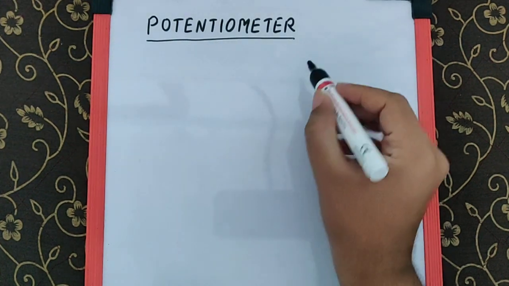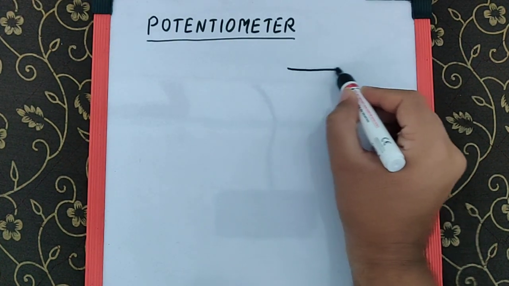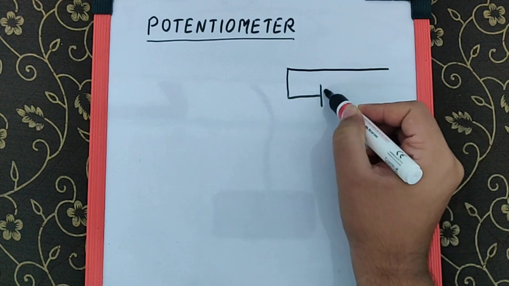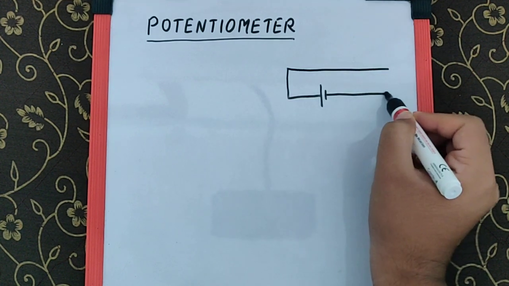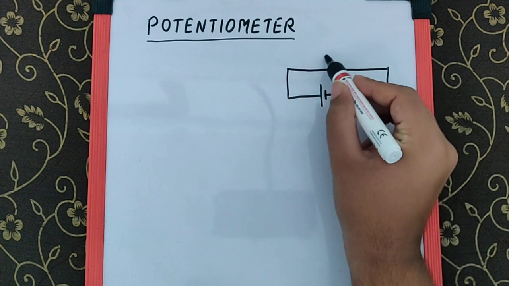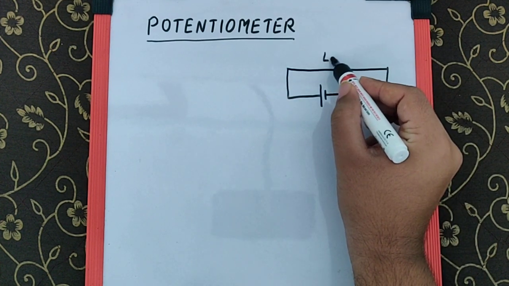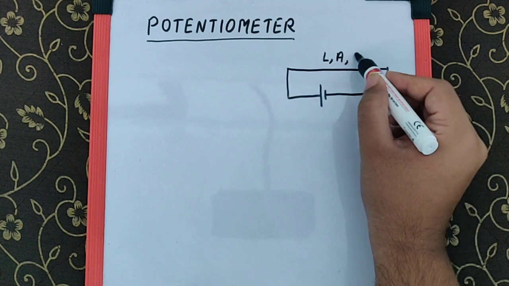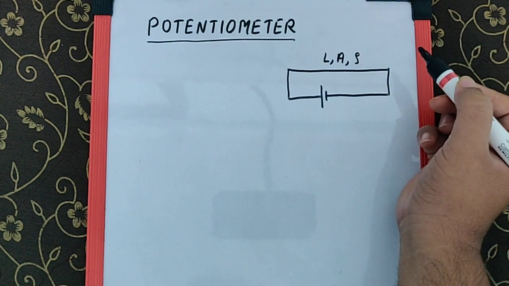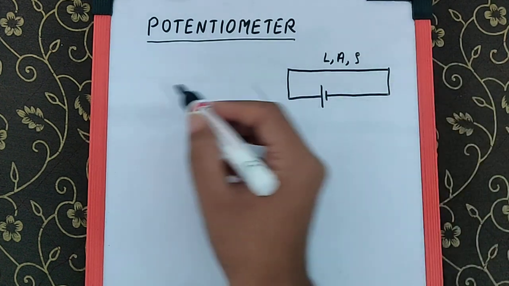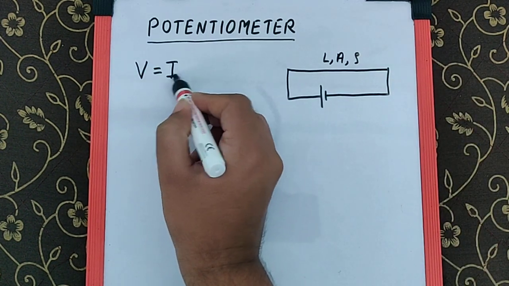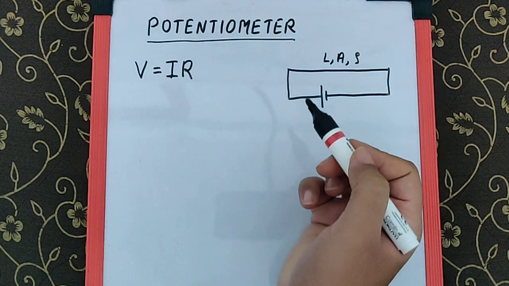Now consider that there is a wire connected to a battery. Now this wire will definitely have some length, obviously some area of cross section, and obviously the material of the wire will have a resistivity rho. Now can we say, by Ohm's law, V across that wire is equal to IR?